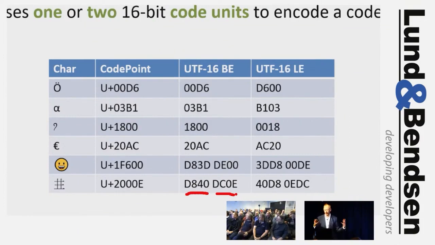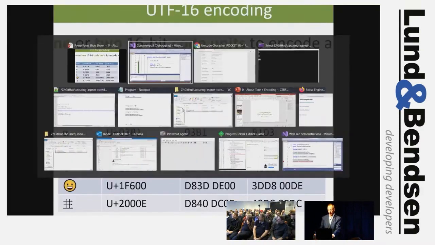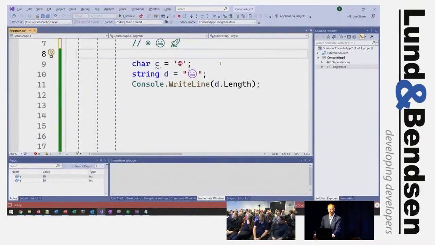Depending on the size of the value of the character, you will need either 1 char or 2 chars to represent it. That is why, in my previous example, this emoji takes 2 chars in memory to be fully represented. So this one is 2 characters long.